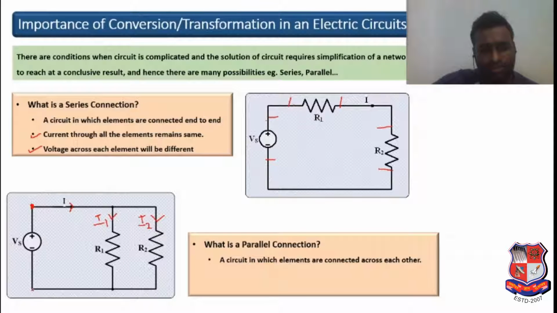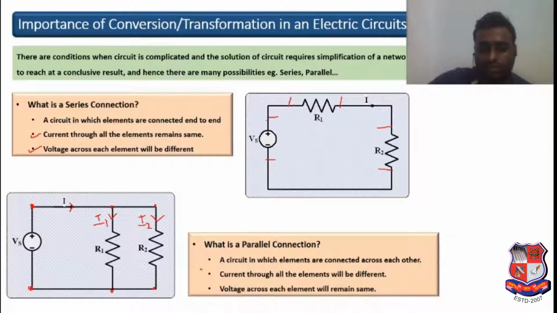As they are connected across each other, the voltage will be the same at all the points which are in parallel. So the voltage will be the same but the current will be different.